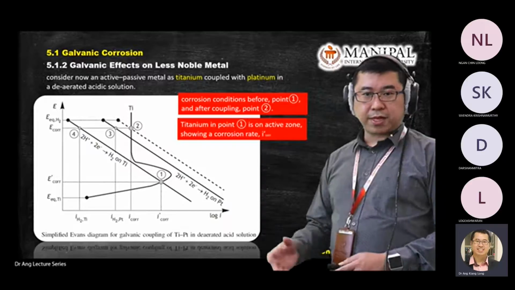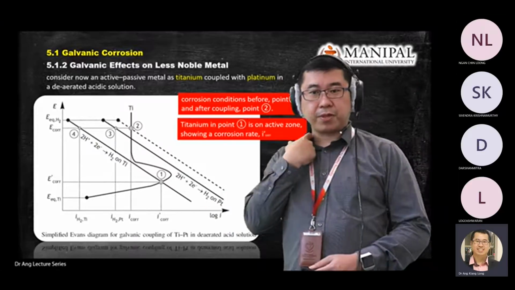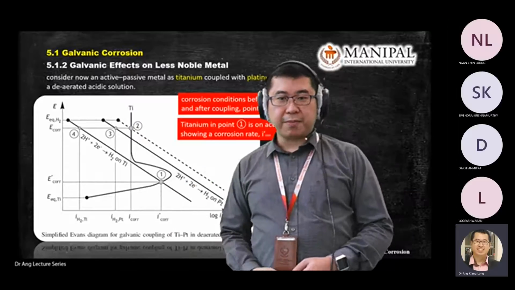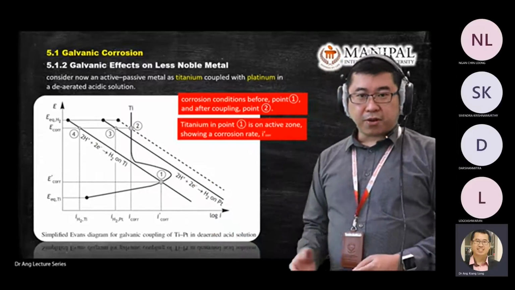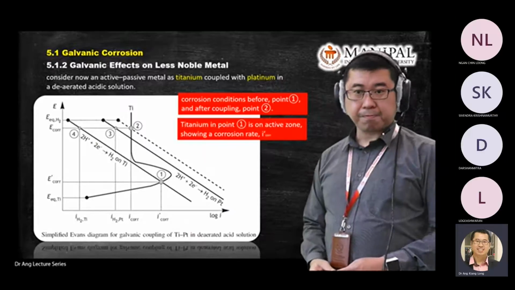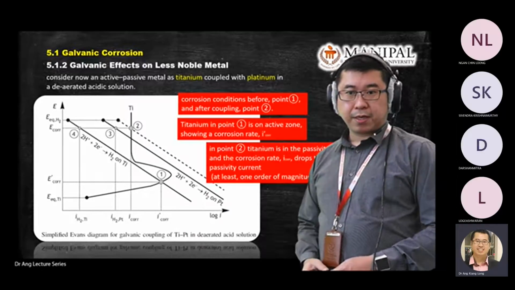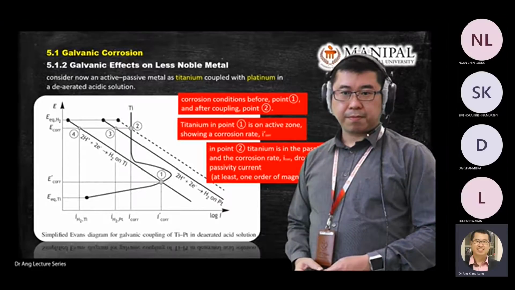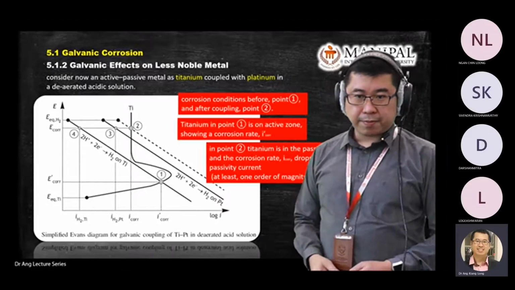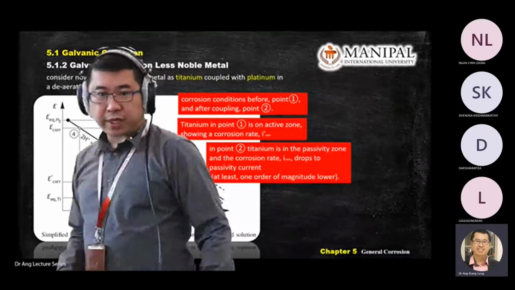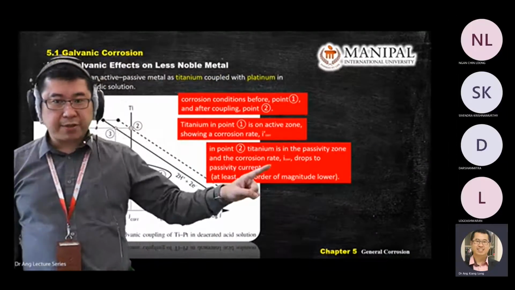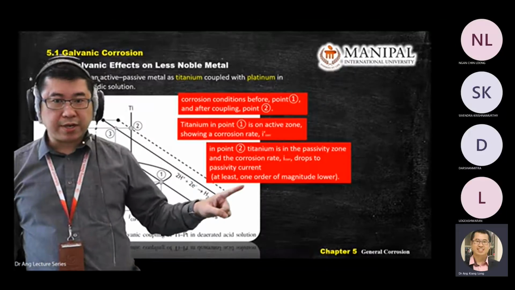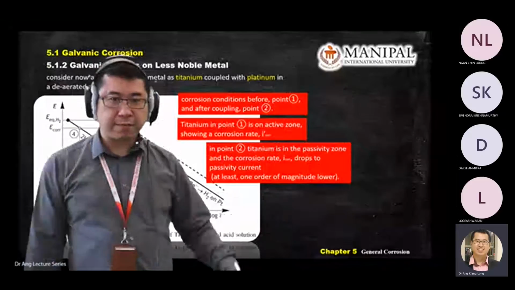What is important on this graph is that you have seen the titanium and platinum graph before. The point number 2 for titanium is at the passivity zone, and the corrosion rate drops to the passivity current, at least one order of magnitude.